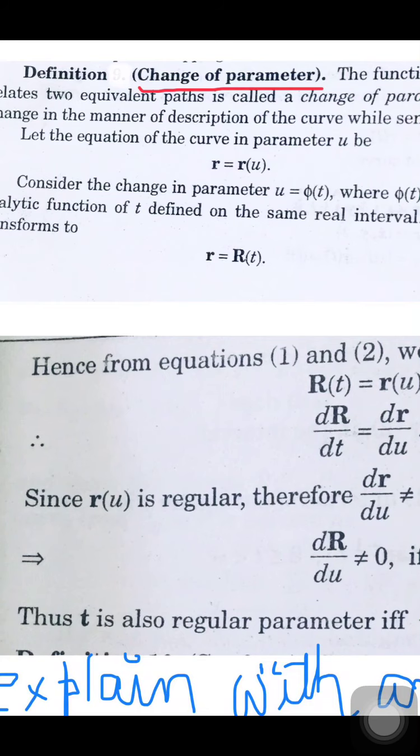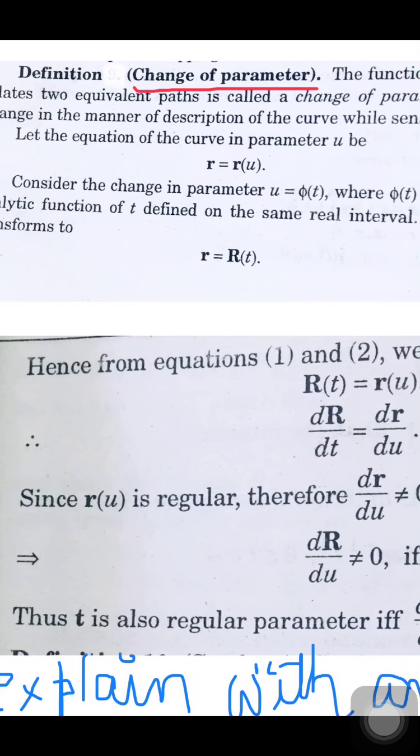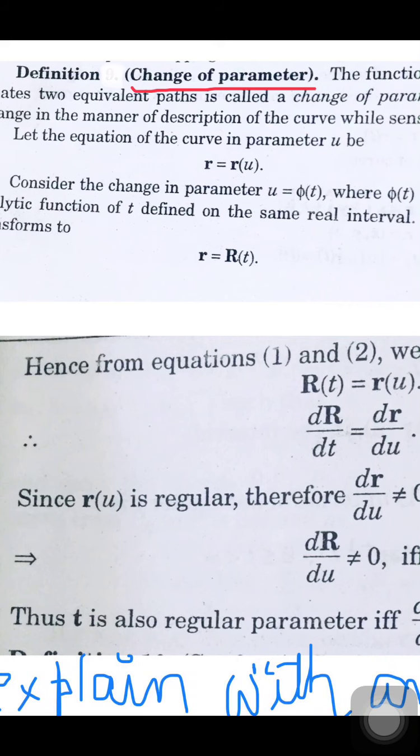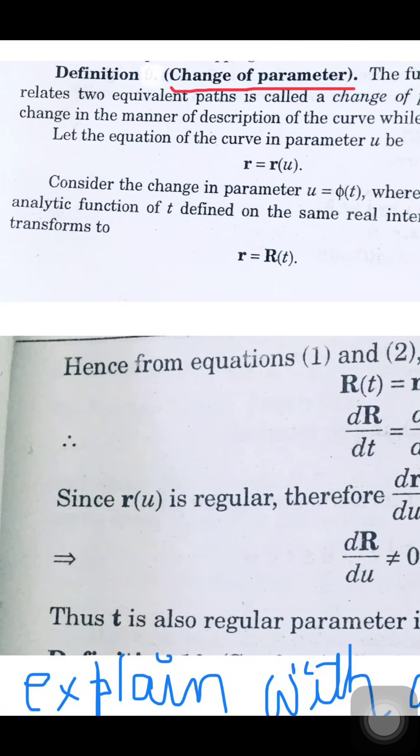We want to change from u to t, where phi of t is a real single valued analytic function of t defined on the same real interval. Now equation 1 transforms to r equals capital R related with the other parameter, say t. So R is related with capital R of t. We change the parameter from u to t.